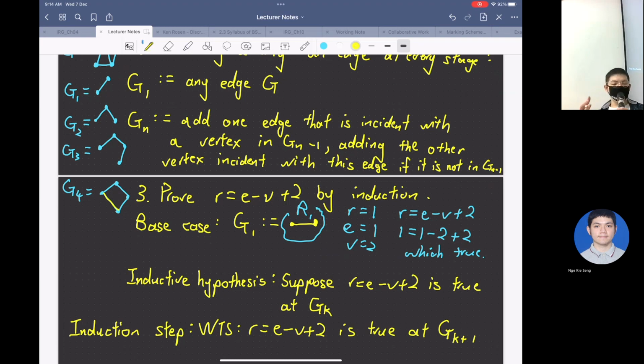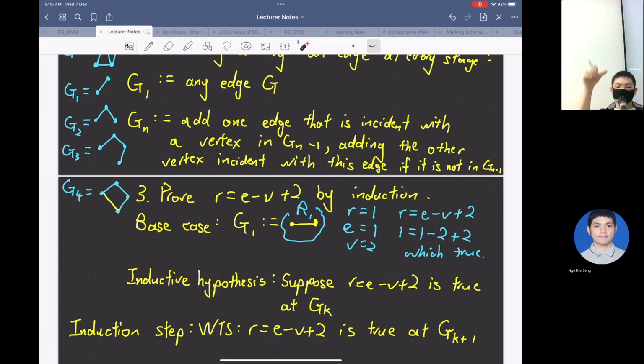So what's the difference between GK and GK plus 1? Recall the construction here. One more edge. So this means you add one more edge from GK to GK plus 1.